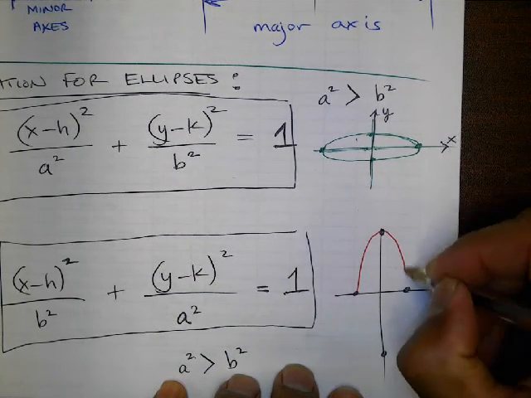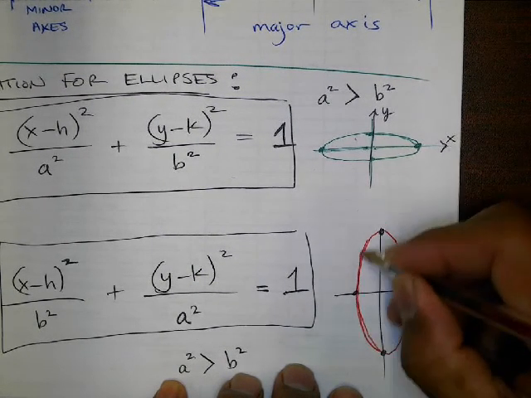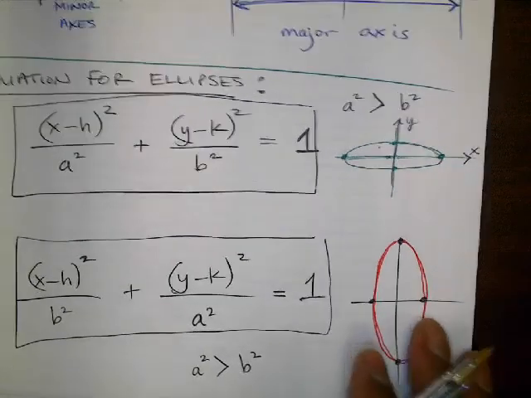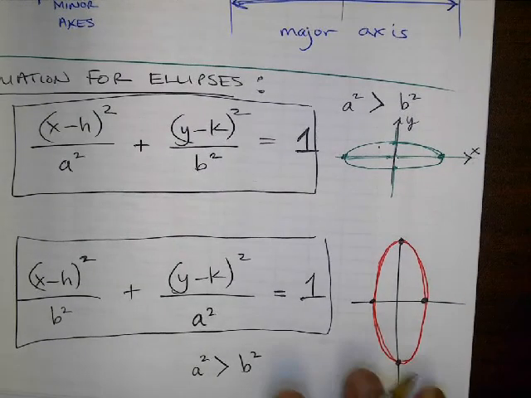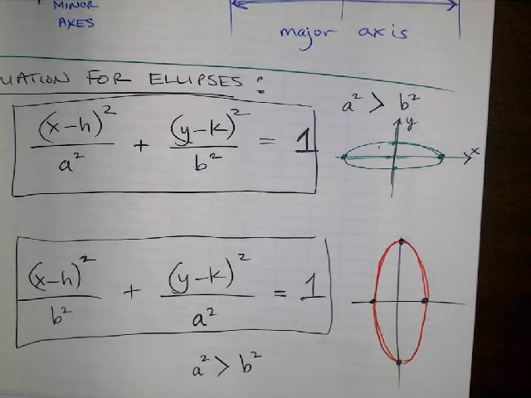Because the number's under the y squared, it's going to be longer this way. That's how you know which kind you're graphing. It's going to be much easier than what's happening here. Once you see the numbers and everything, it'll be easy.